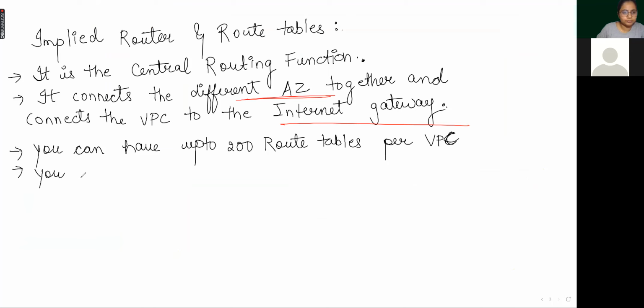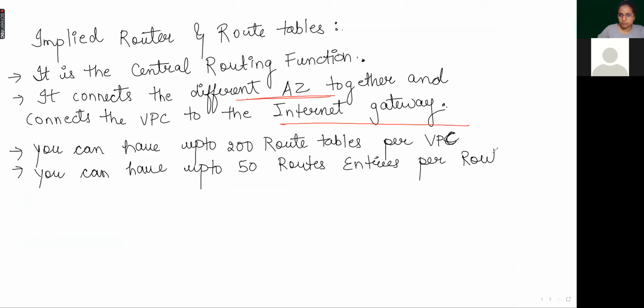You can have up to 50 route entries per route table.